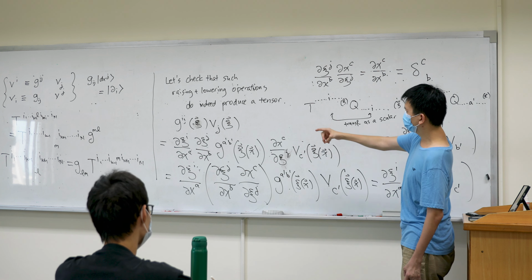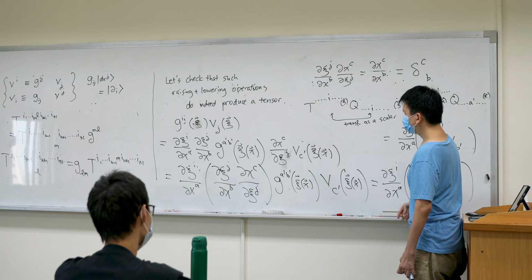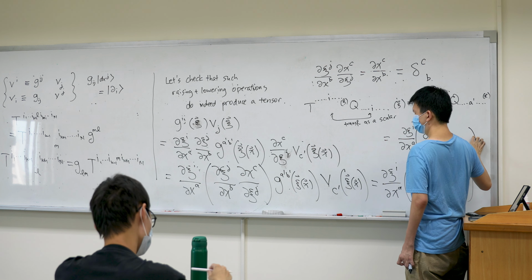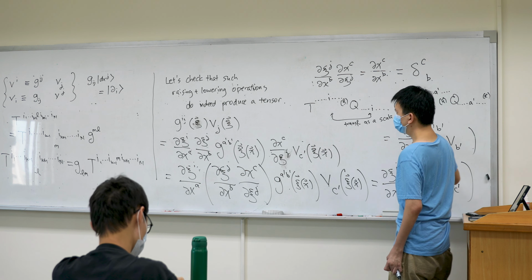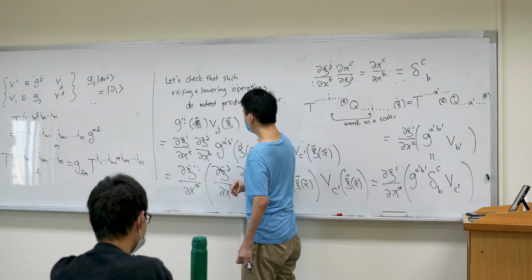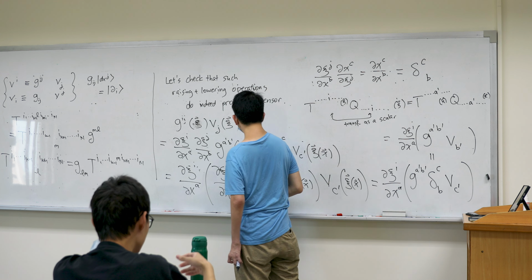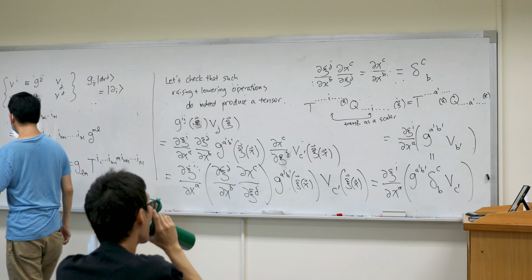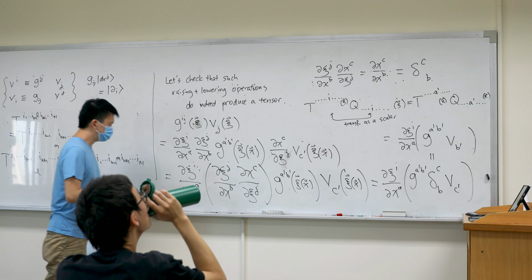That's why when you do this contraction, you are guaranteed to get an upper index tensor from a lower index one. This used to be a lower index. Now you're guaranteed, after contraction with the inverse metric, to get an upper index tensor.